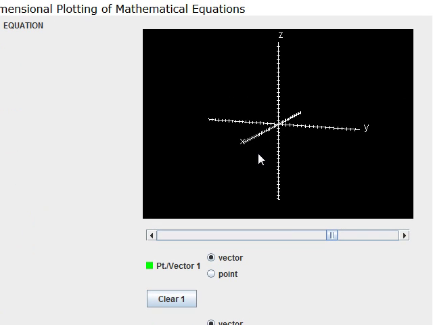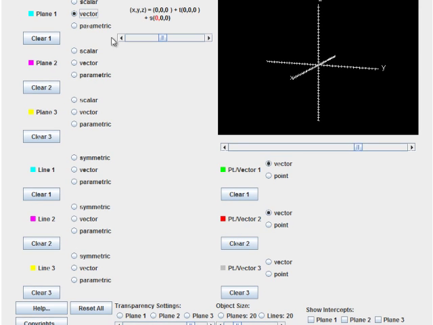So in the examples that we saw, the first example, I'm going to go up here and draw a vector equation. The position vector of the specific point was 0, 1, 2, so I'm going to click on this second 0 and click here to get 1 there.